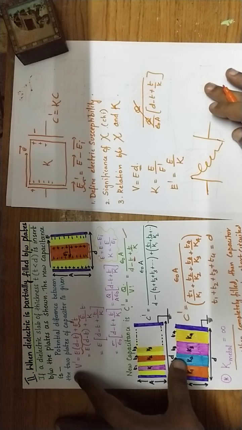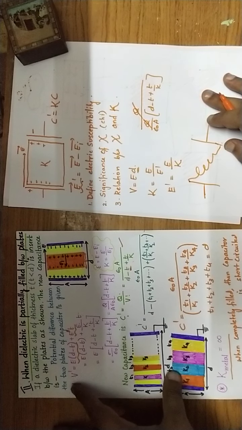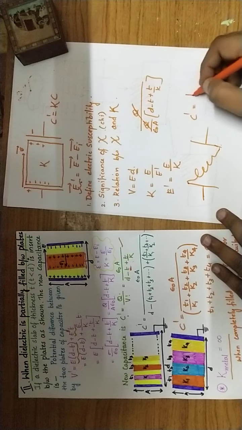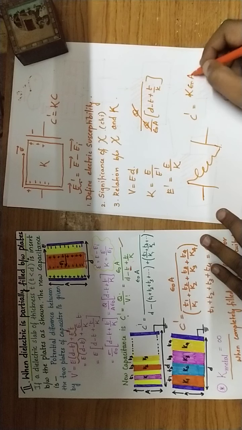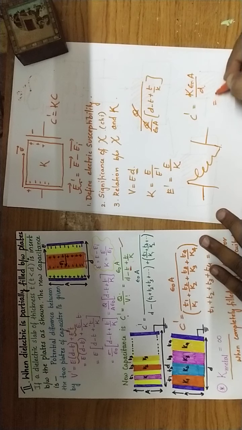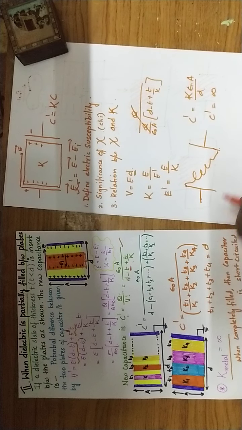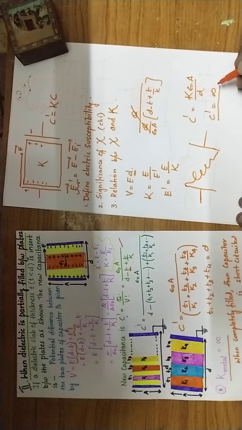So what happens when it is short circuited? How will you write it? C prime equals kappa epsilon naught A by D, is what we generally write. Kappa for metal is infinity, so when it is completely filled with a metal conductor, the capacitance becomes infinity.